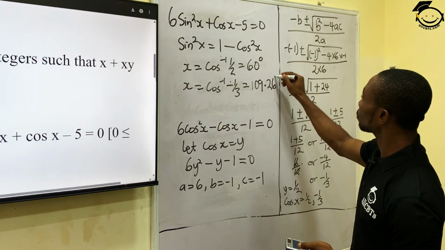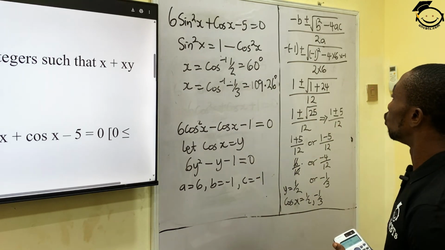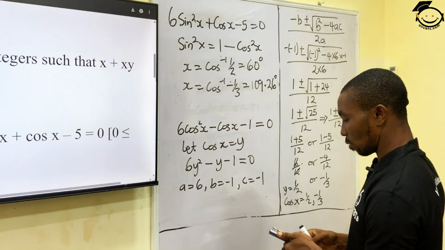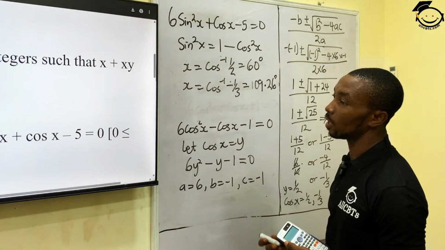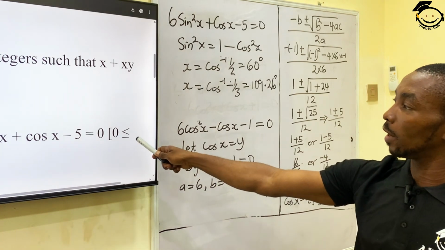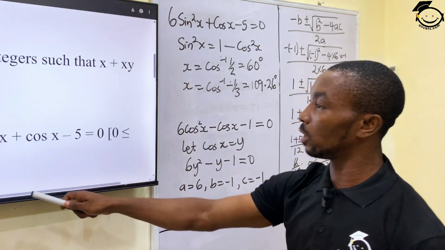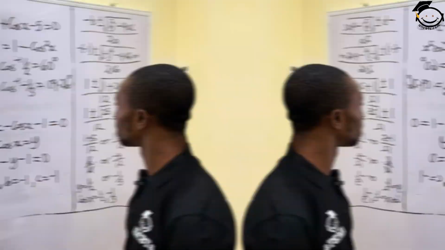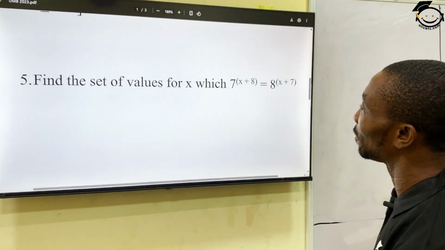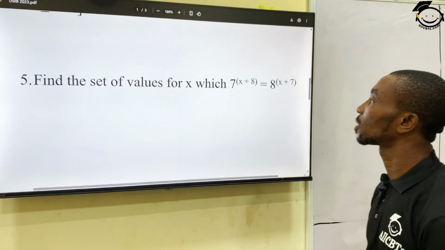So the values will be 109.26 or 60 degrees, which is within the range we are given, that the values of x should be between 0 and 360.